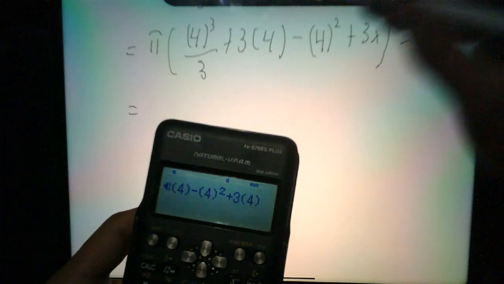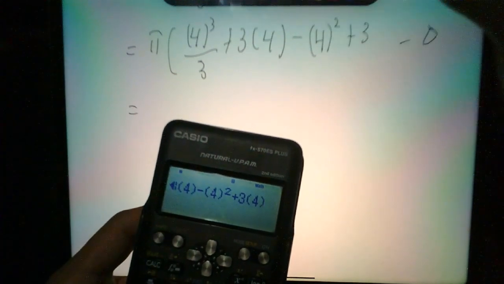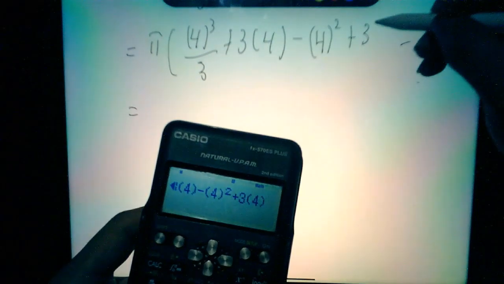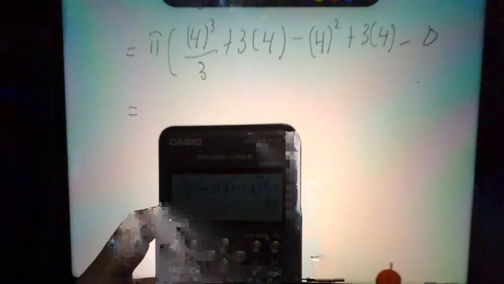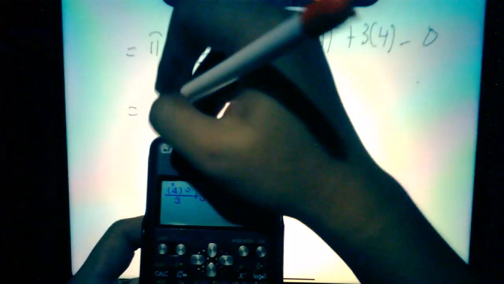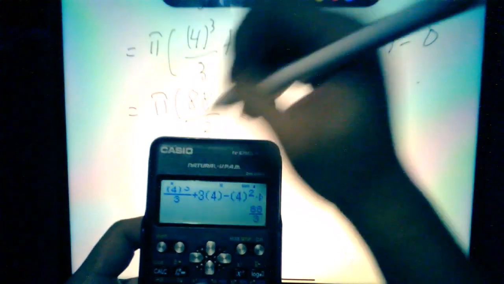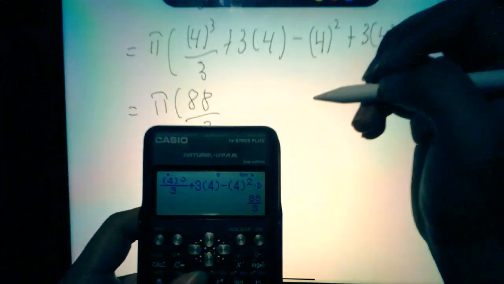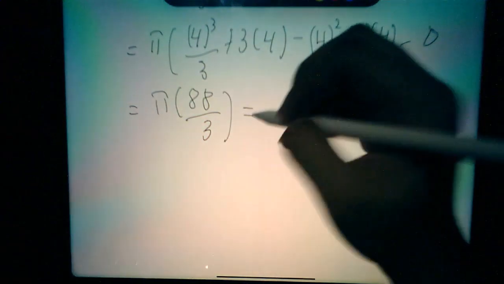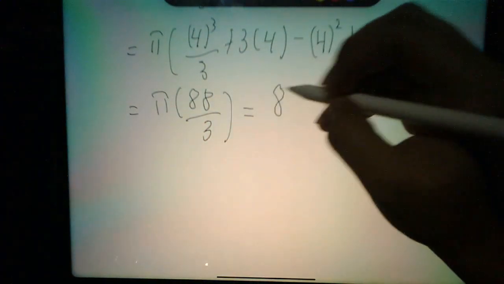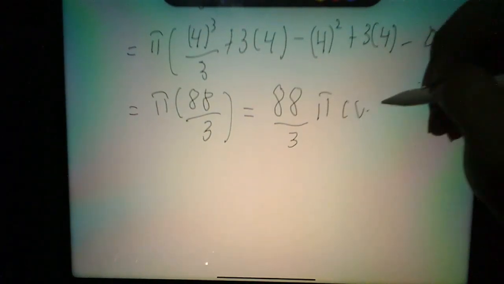So our answer here is pi times 88 over 3. By finalizing, our answer will become 88 over 3 pi cubic units.